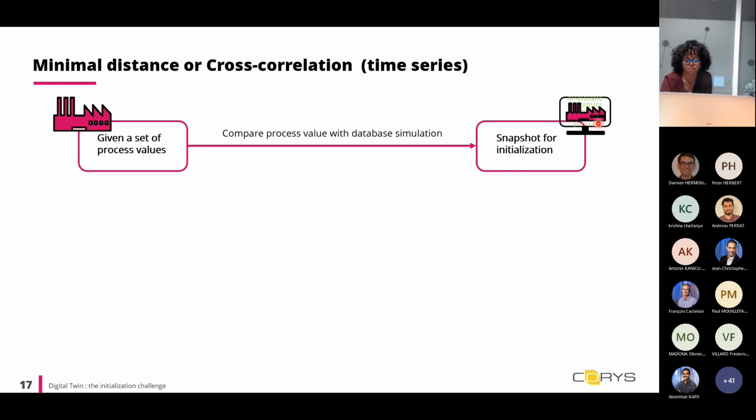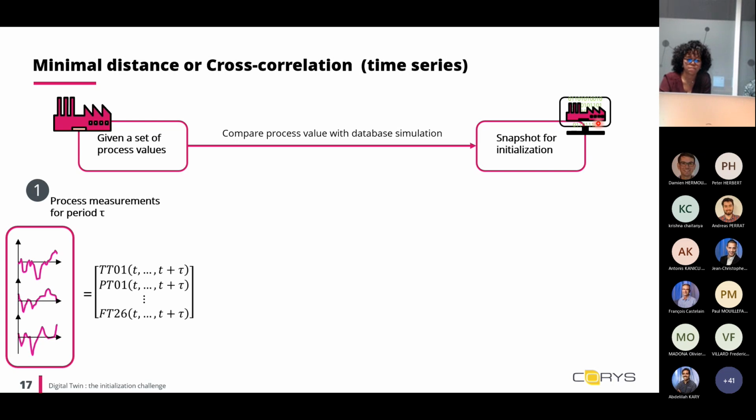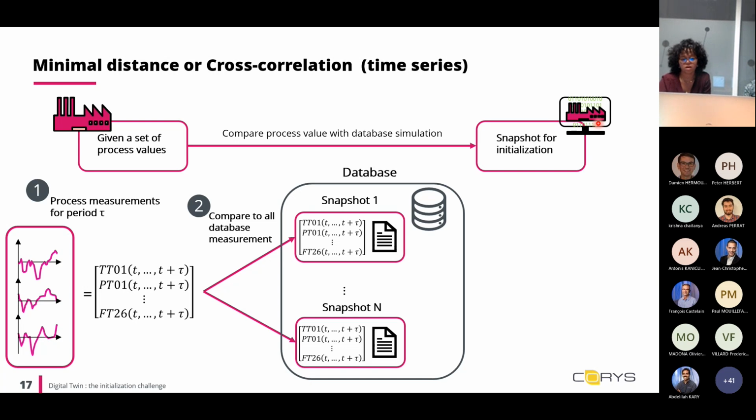So our proposed approach is based on the idea that we have a set of history measurements from the plant, a set of measurements that will give us the behavior of the real plant. Then we compare these measurements to the measurements that are linked to each snapshot in our database that was previously created.